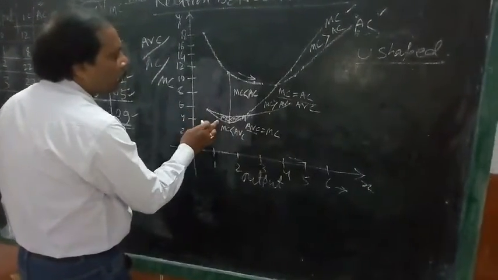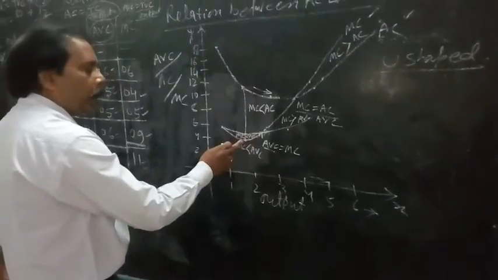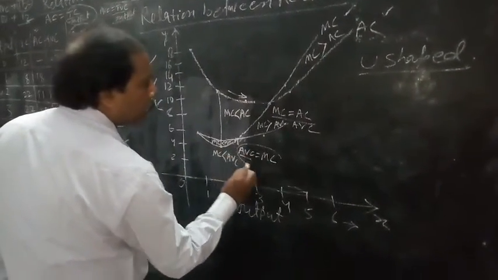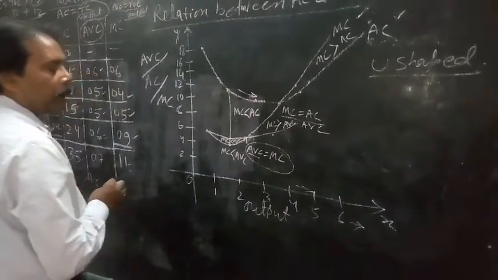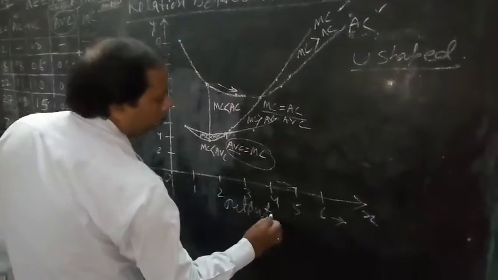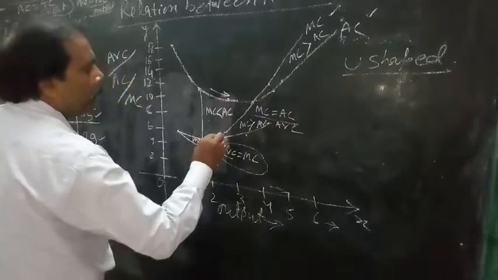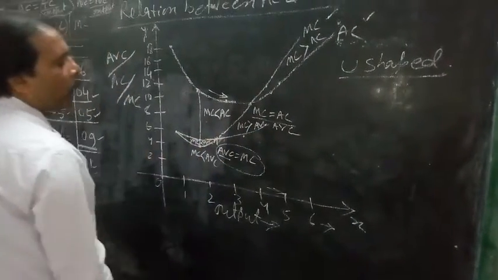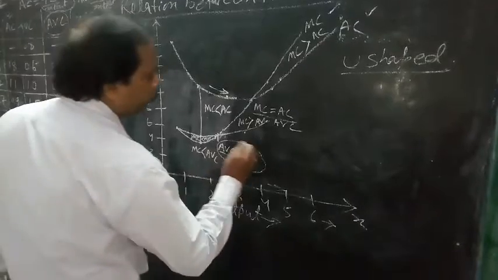The same thing will happen as the output increases. AVC starts to decline due to the law of variable proportion. A time will come when MC becomes equal to AVC, and after that if we increase the output, MC increases at a faster rate, but this is the minimum point of AVC.